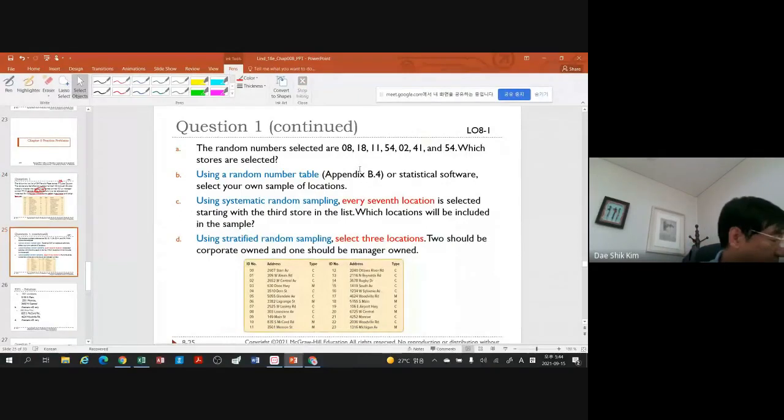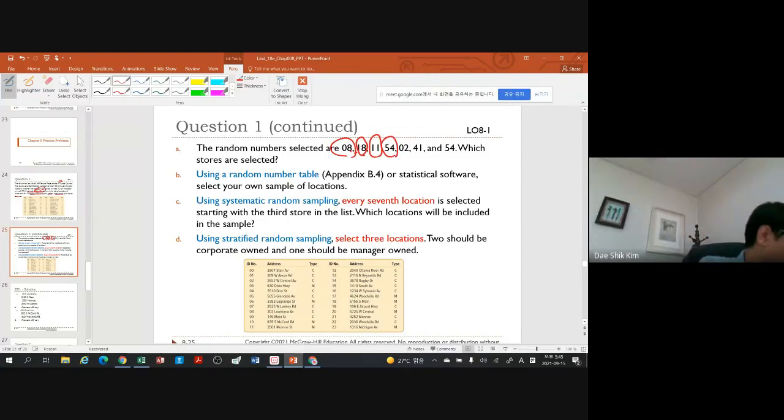In the textbook Part A, the random numbers selected are 18, 8, 18, 11, 54.